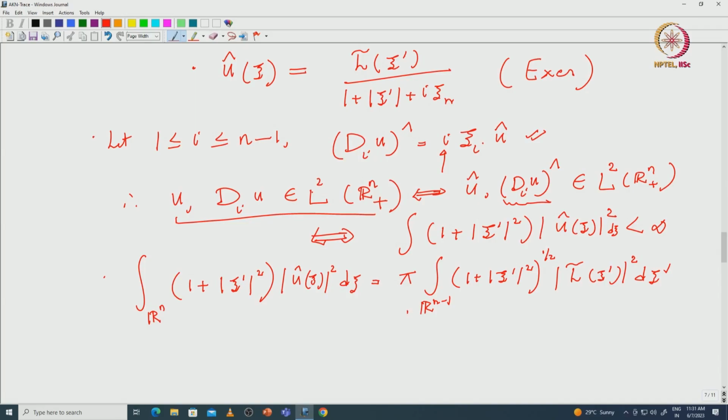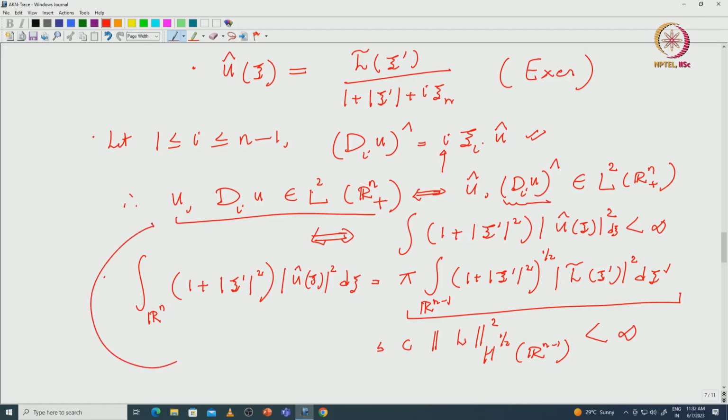This is nothing but some constant times the norm of h tilde in H^(1/2) of R^(n-1), squared, and this is given to be finite. So this one proves that.